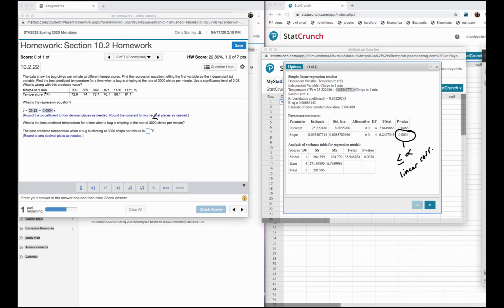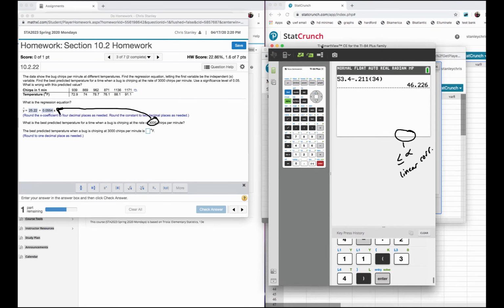So we need to put 3,000 into that x right there. So you just get your calculator out and plug it in. So 25 plus 0.0554, open parentheses, and we want to put 3,000 in there.